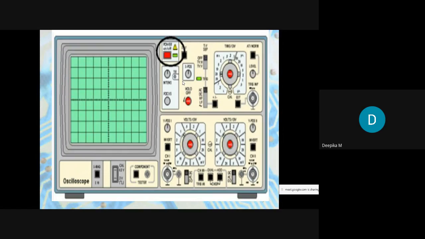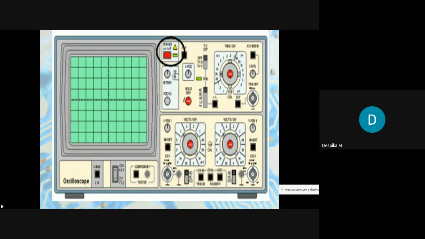The cathode ray oscilloscope is mainly used for displaying the signal or the waveform, and it is also used for the measurement of the voltage in the waveform, and for analyzing the waveform. So these three things can be accurately obtained by using the CRO.